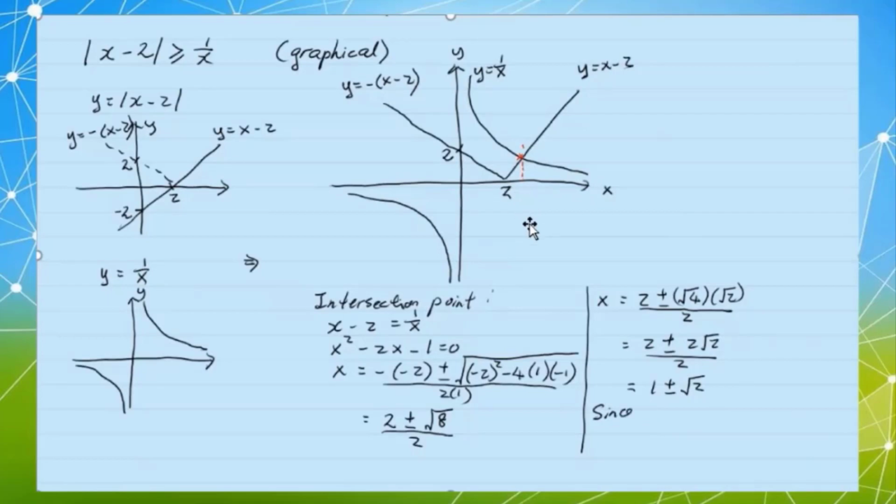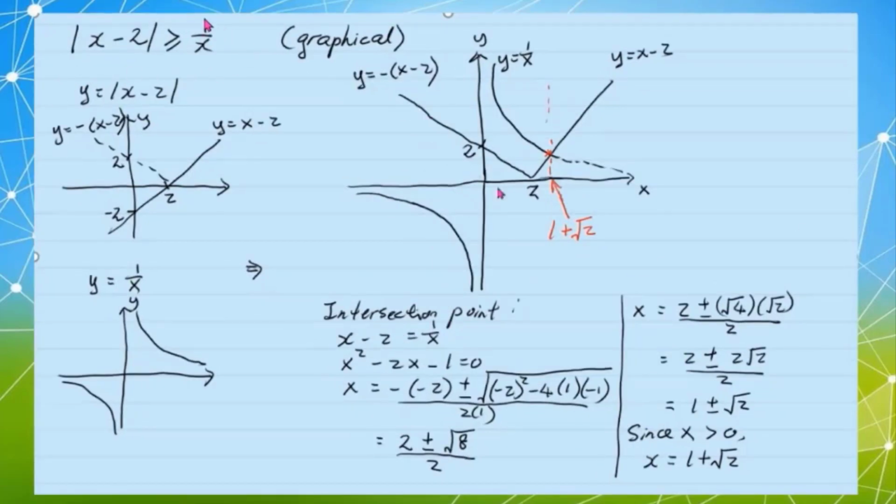Since the intersection point is in the first quadrant where x is positive value, therefore we take x as 1 plus square root of 2. Now we label this point as 1 plus square root of 2.